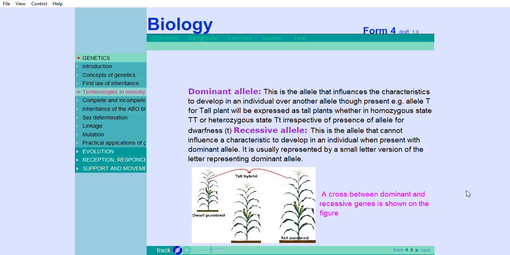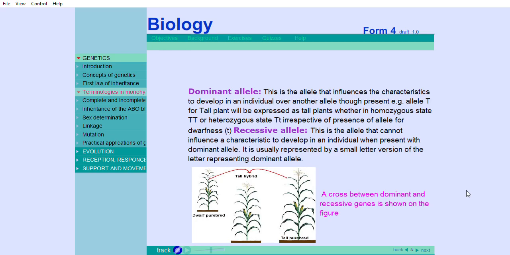Dominant allele. This is the allele that influences the characteristics to develop in an individual over another allele though present. For example, allele capital T for tall plant will be expressed as tall plants whether in homozygous state capital T capital T or heterozygous state capital T small t, irrespective of the presence of the allele for dwarfness, small t.